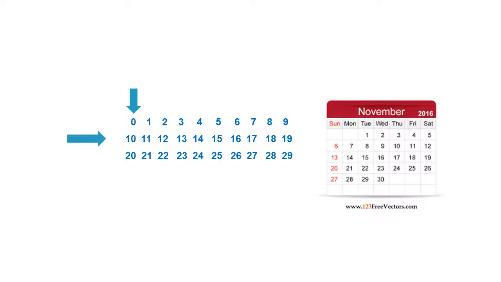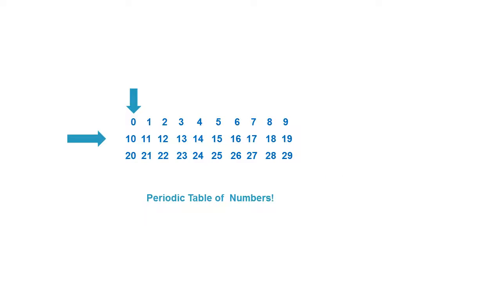If we look at a month of the calendar, we have a week that goes by and there are 7 days, and then we repeat the week after 7 days. So after a period of 7 days goes by, we then repeat. This is the same way, where this is a period of 10 numbers, and then we repeat the pattern. So this has a period of 10 numbers. We could call this a periodic table of numbers.